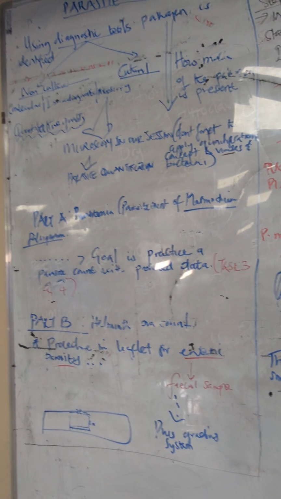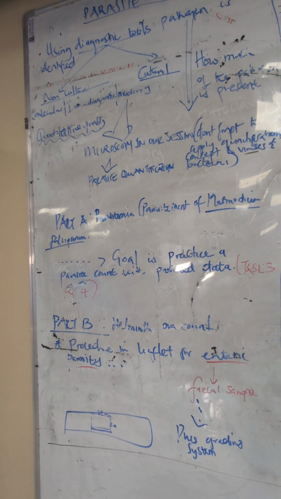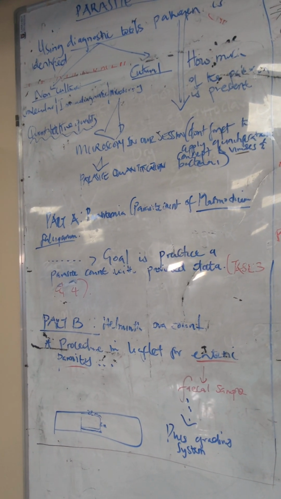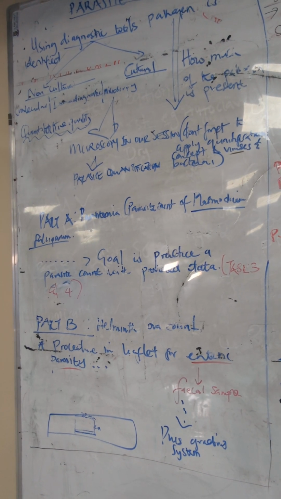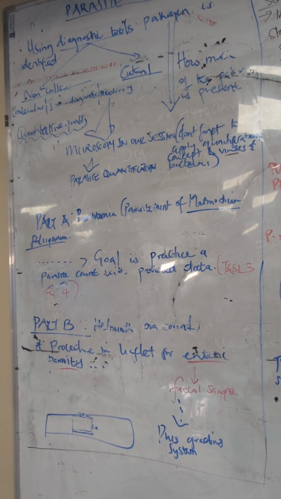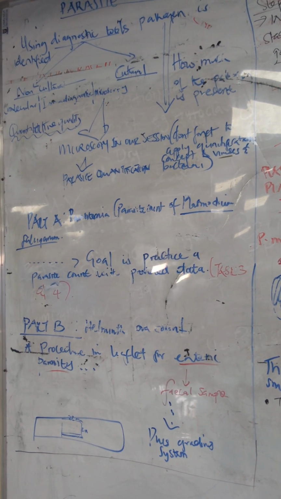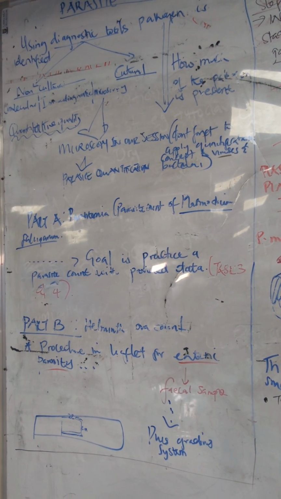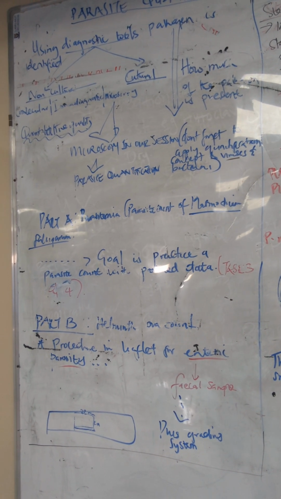It's all important. I've put in the leaflet at the very end just a few notes to remind you about this. But for our learning purpose, we honed in on parasitic quantification, using microscopy as the tool.